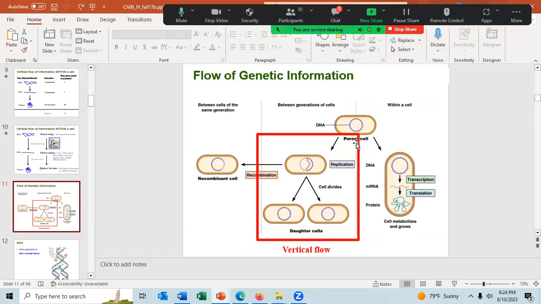How that happens is the information in the DNA is copied, so the DNA is replicated, and then we have two strands of DNA. One will move towards one side of the cell, the other to the other side of the cell, and then the cell will divide in the middle so that each daughter cell gets the same information in the parent cell from their chromosome. That's the vertical flow of information between generations of cells.